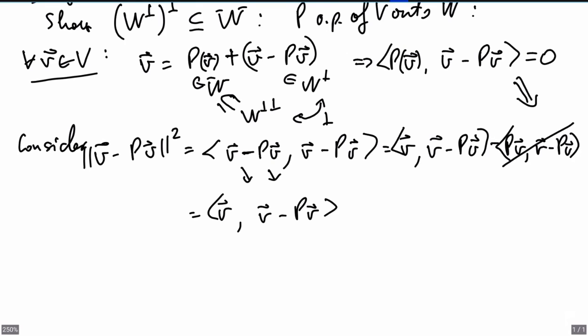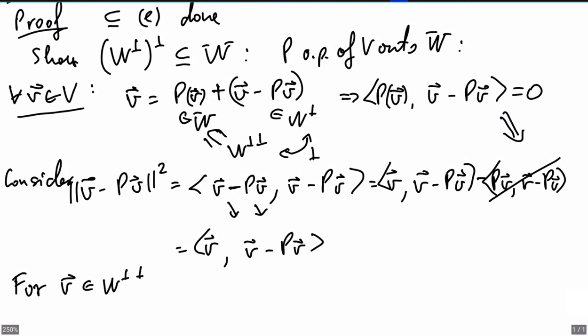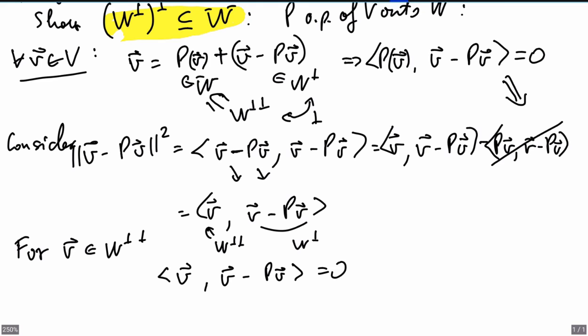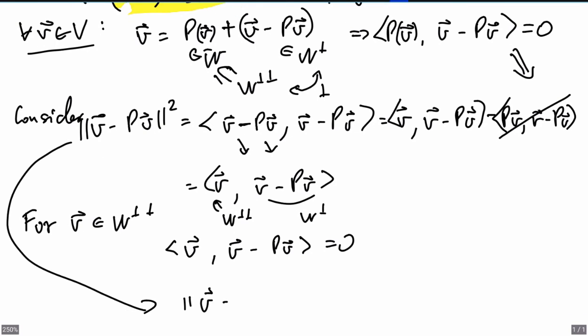Instead of a general v vector, we now consider a v vector in W perp perp, since that's what we have to show, that W perp perp is a subspace of W. So if v is in W perp perp, this vector v minus Pv is, as we saw before, in W perp. So that means that this equals 0. Let me write this down separately. This inner product of v and v minus Pv equals 0. But then this was the norm squared of v minus Pv.